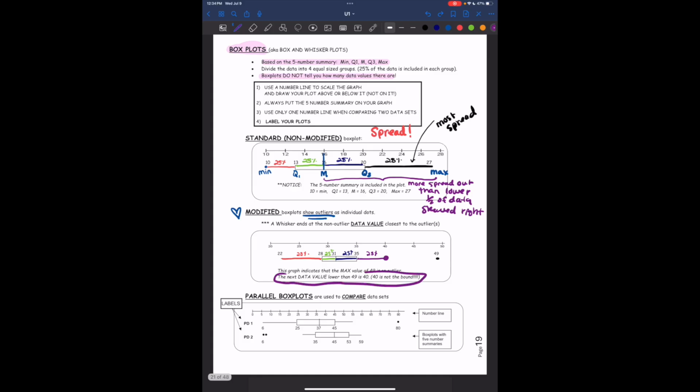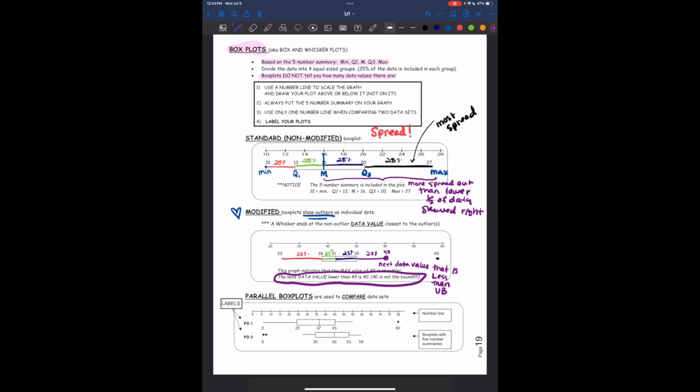You'd have your lower bound, okay, but it's the next data value that shows up that is less than the upper bound. So you'd have your upper bound as the next one lower than that. So we would know that 40 is the next data value closest to 49.